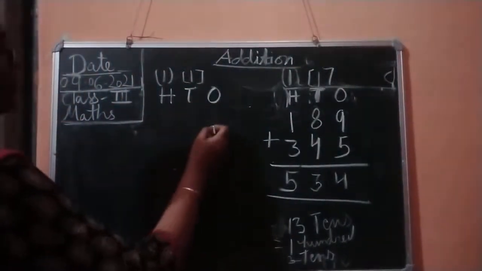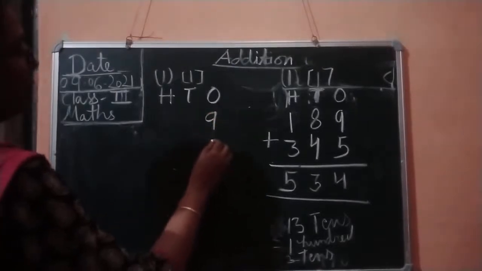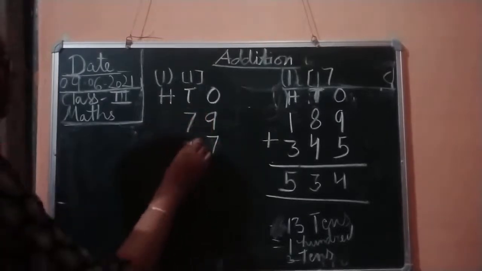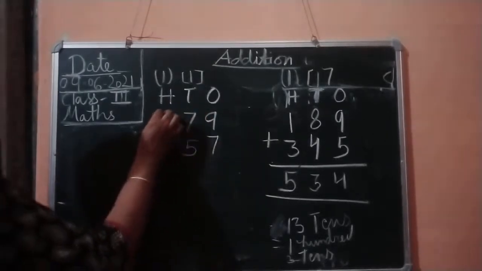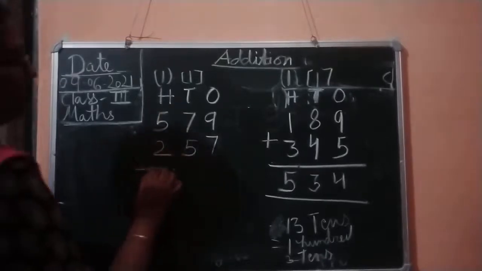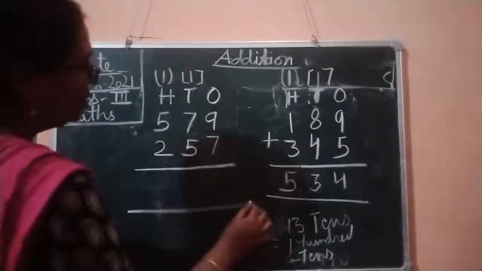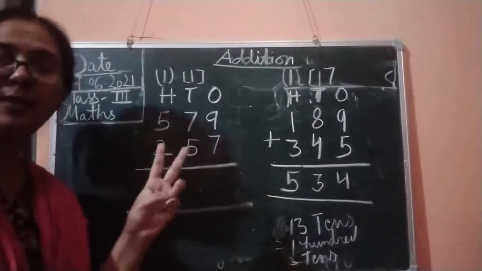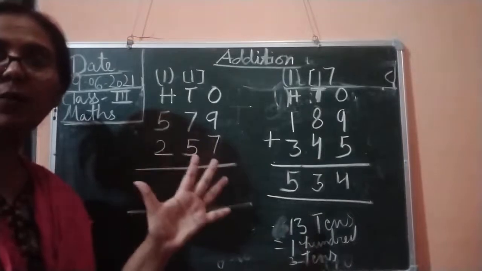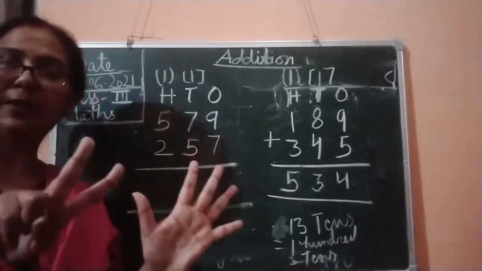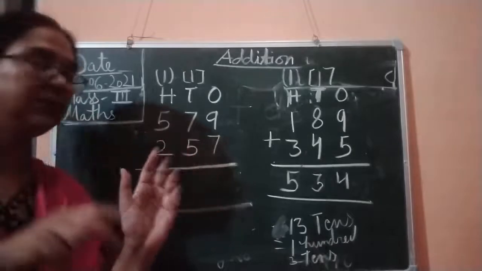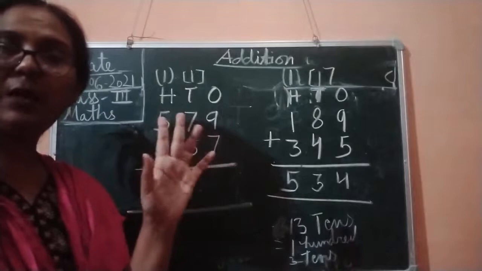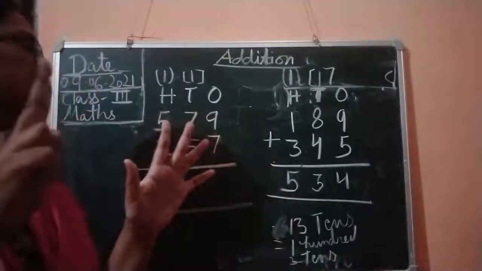Next one, first we will write 9, 7, and here 7, 5, and here 5 and 2. Okay, now let's do 9 and 7. 10, 11, 12, 13, 14, 15 and 16, sorry. 10, 11, 12, 13, 14, 15, 16.